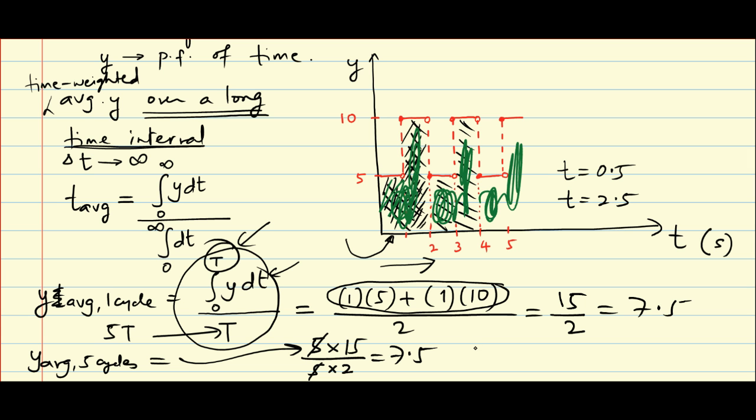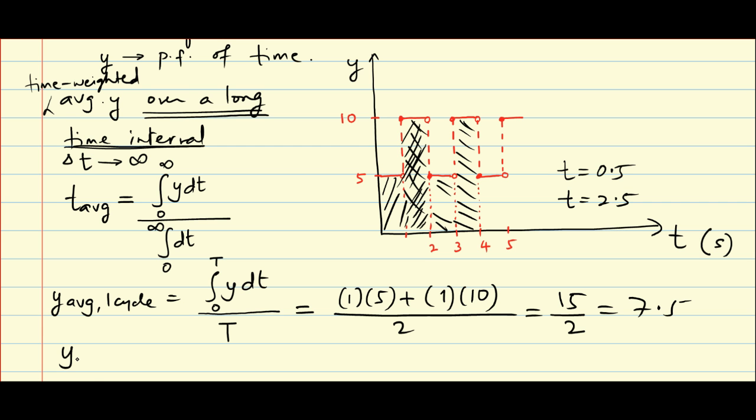Now consider any n number of cycles. So the average value of y over n cycles, the formula is going to be the same. It's going to be 15 n times divided by 2 seconds n times. So n will again cancel. I get 7.5.